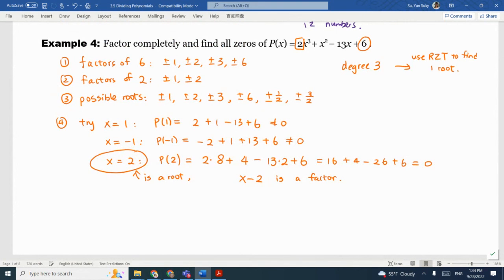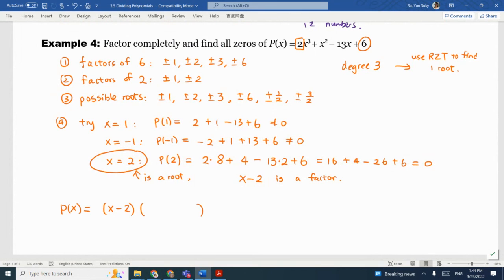Because after you find one root, you know your P of x is going to be that factor times some other stuff. But because this is degree 3, that other stuff is a quadratic factor. For a quadratic factor, we can find it by the quadratic formula. That's why you're not going to plug in all these numbers. You just need to find one.